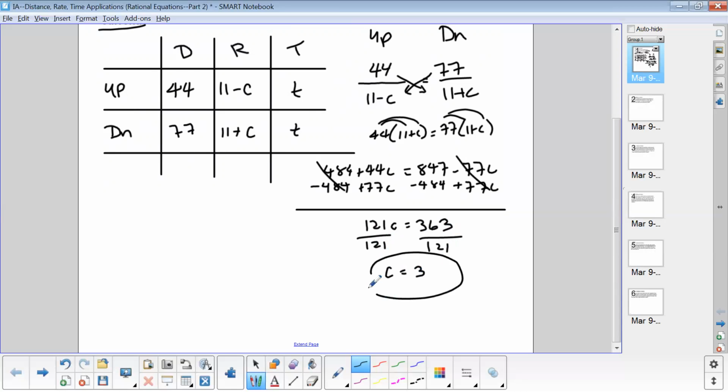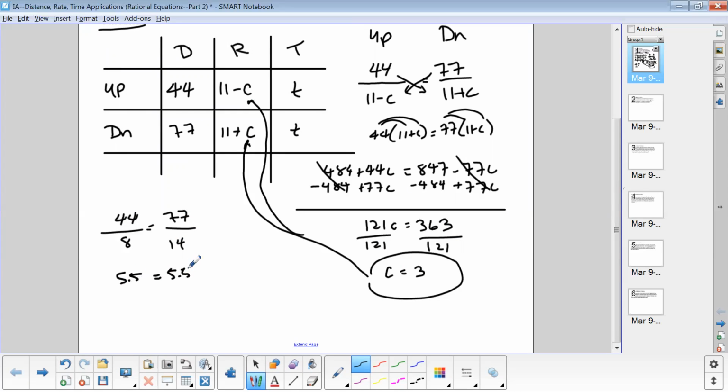What does that mean? That's the current. We could check this: 44 divided by 11 minus 3 would be 8, and 77 divided by 11 plus 3 would be 14. If we check that, we get 5.5 equals 5.5, and all that tells you is what the time would be.